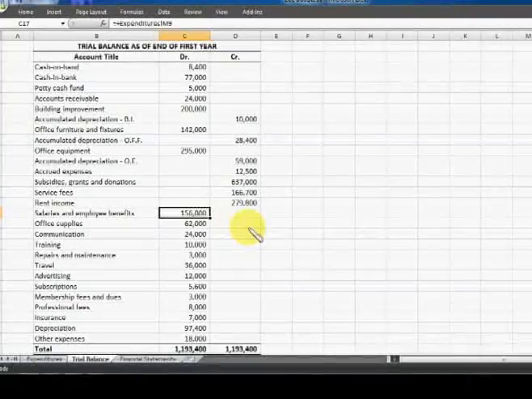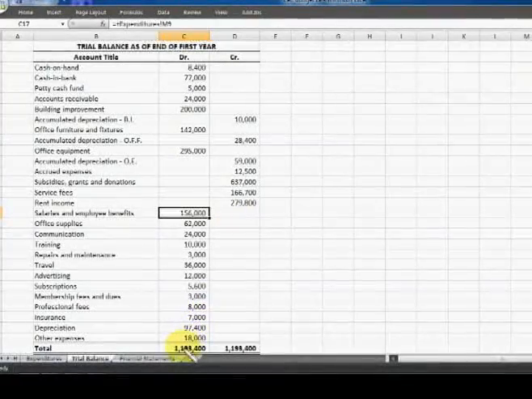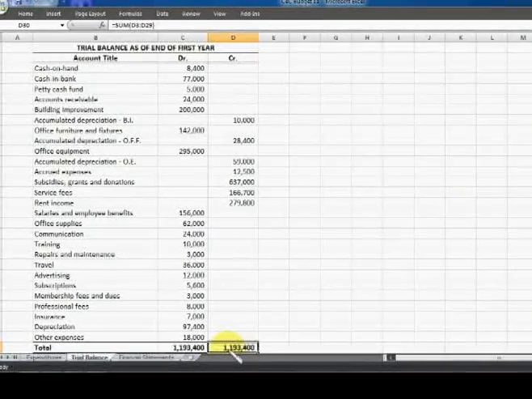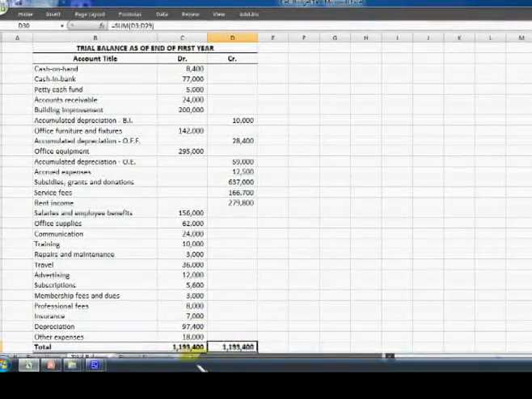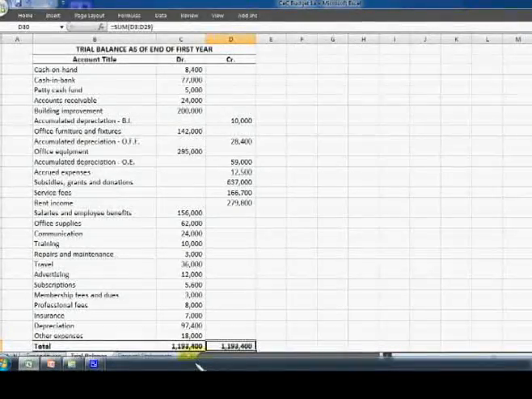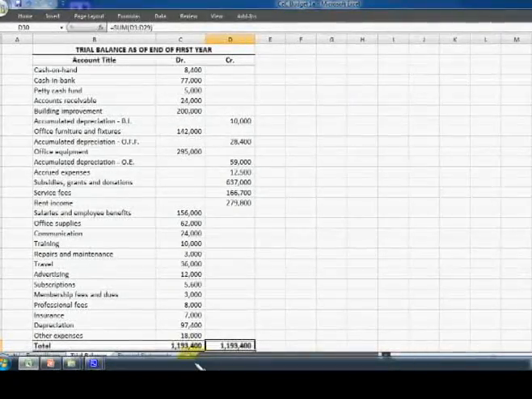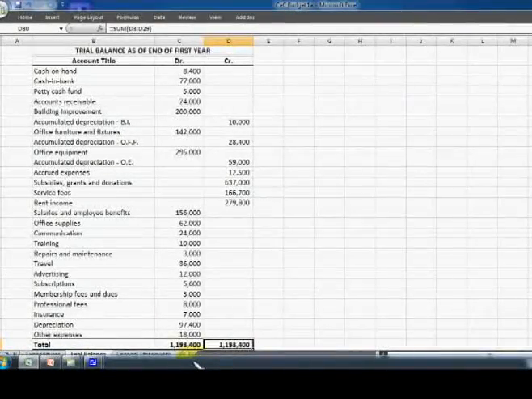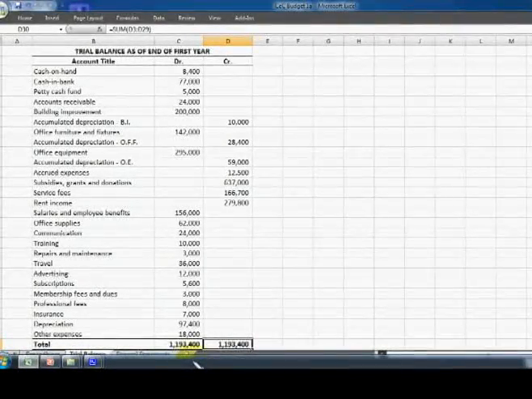But in any case, the debits and the credits should be equal before the accountant or the bookkeeper of the CEC will proceed to the next step in the accounting process, which is the posting of adjustments or correcting entries.